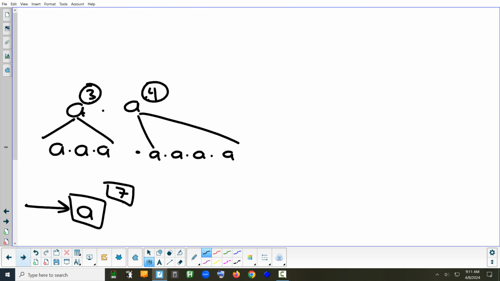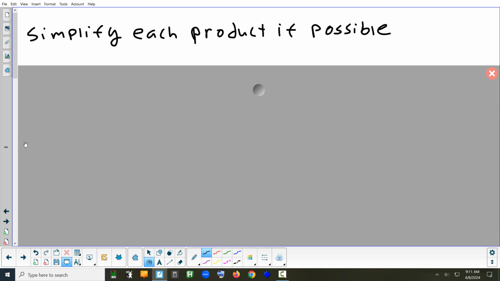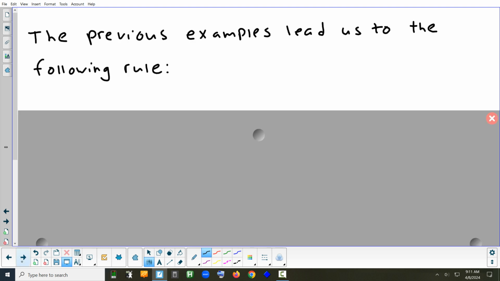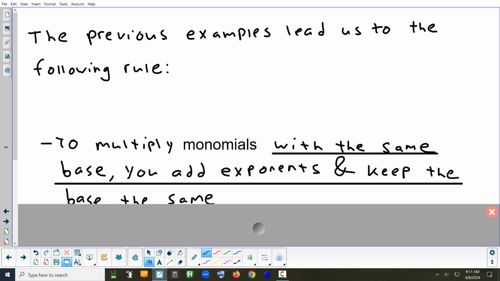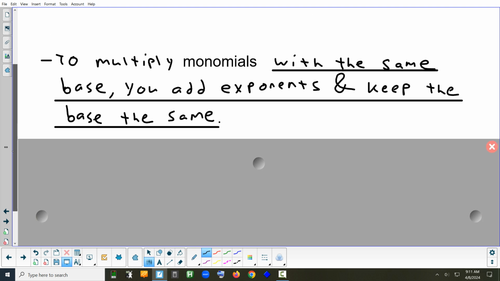So we just did that. All right, so to multiply monomials, let me let you guys copy this down. To multiply monomials, try to fit all this on those first 2 lines. So notice the first thing I say right away, with the same base.